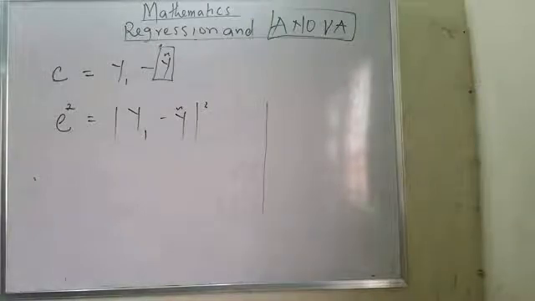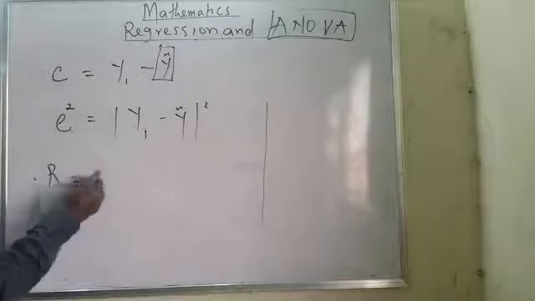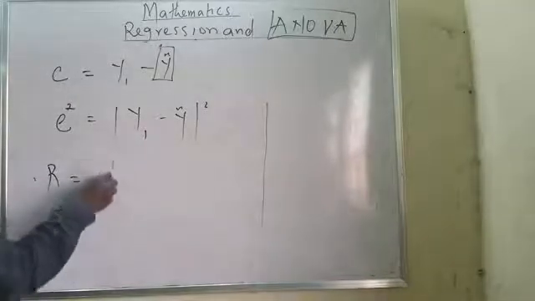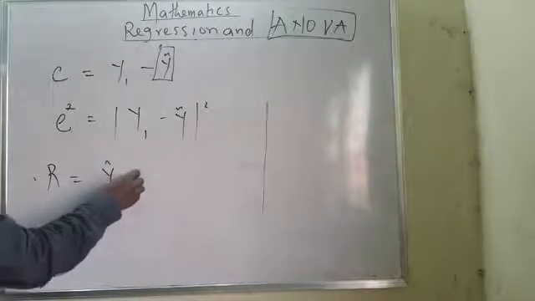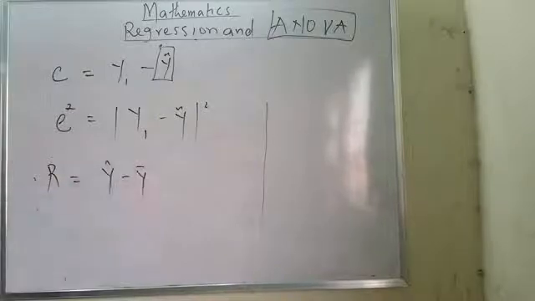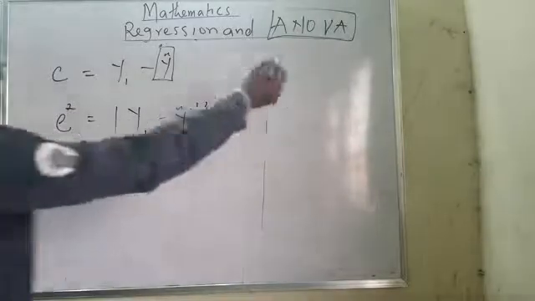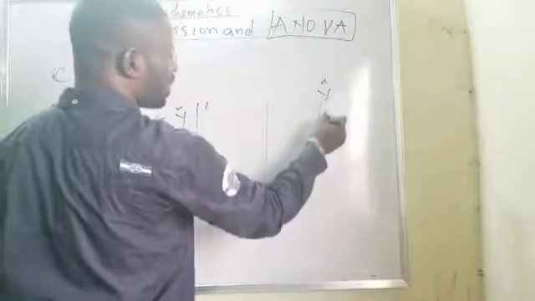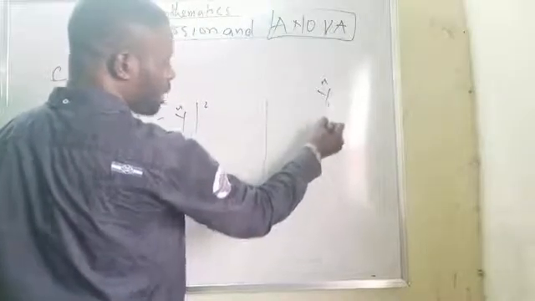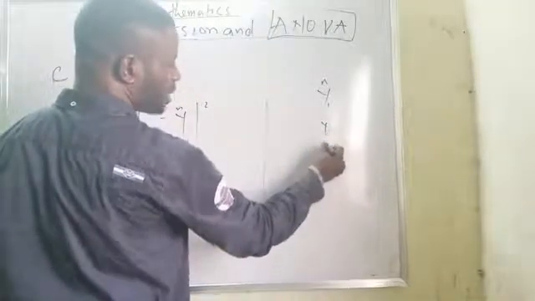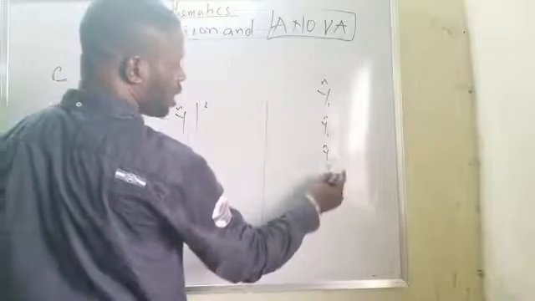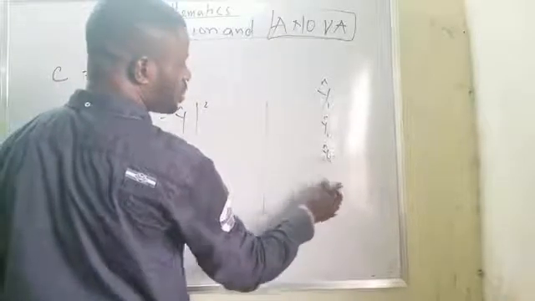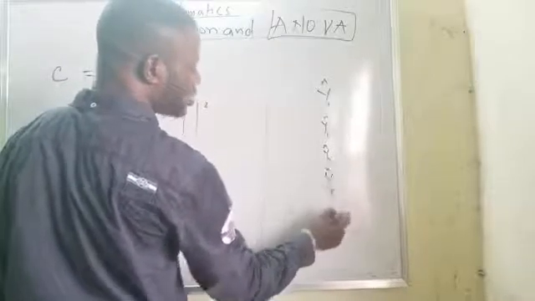Now, how do I get my regression? My regression is equal to y cap minus y mean. Y cap minus y mean. Now, we have gotten a cell on y cap. On each of them, we have y1, y2, y cap 1, y cap 2, y cap 3, and so on and so forth.